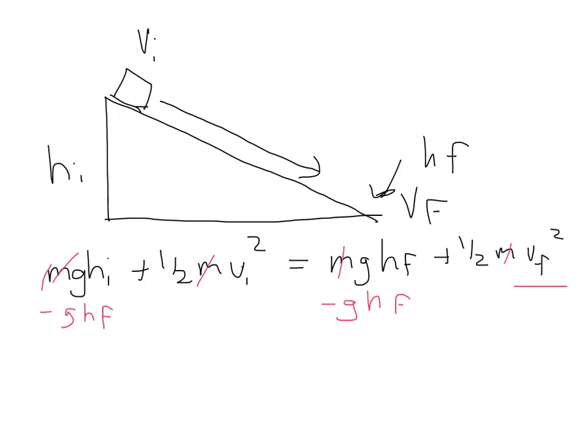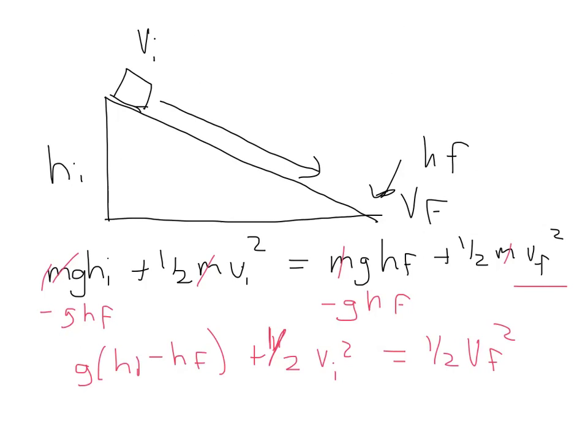I'll take this step by step. So I have g times h initial minus h final plus 1/2 v initial squared equals 1/2 v final squared.